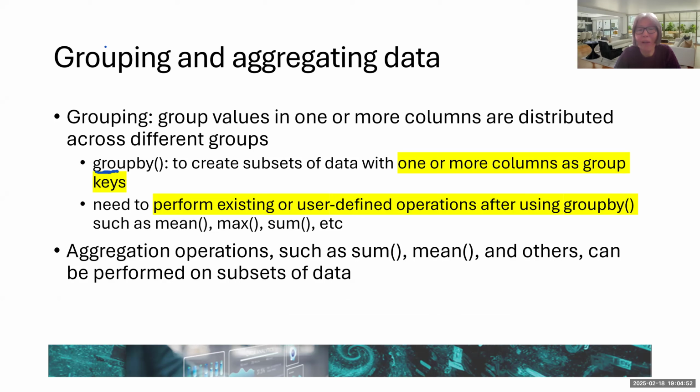Basically, those are the aggregation operations. So you can apply the aggregation operations on the subsets, which you get from the group by function. So that's the concept here. Later on, we will see the example. So first, let's go to today's concept.